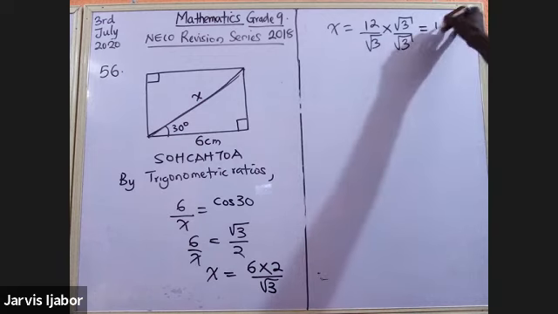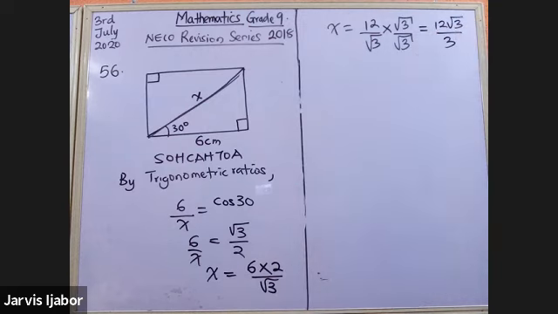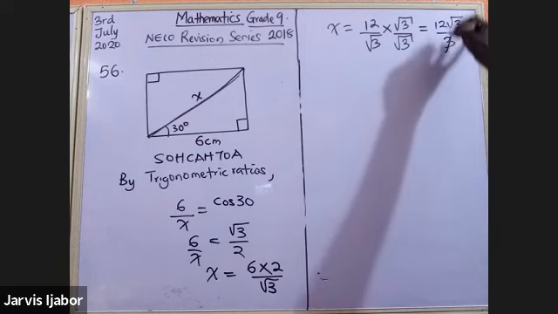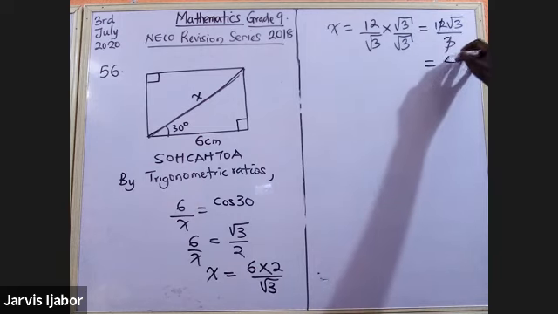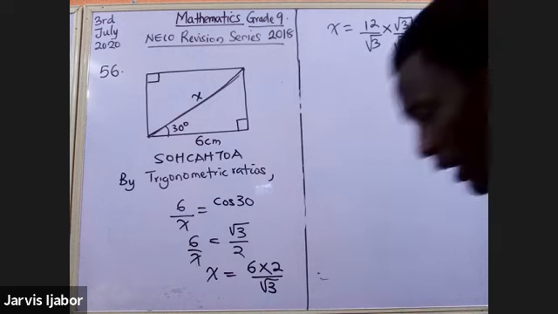This will now give me 12 root 3 divided by 3, and my final answer becomes 4 root 3 in cm. Let me go over that again.